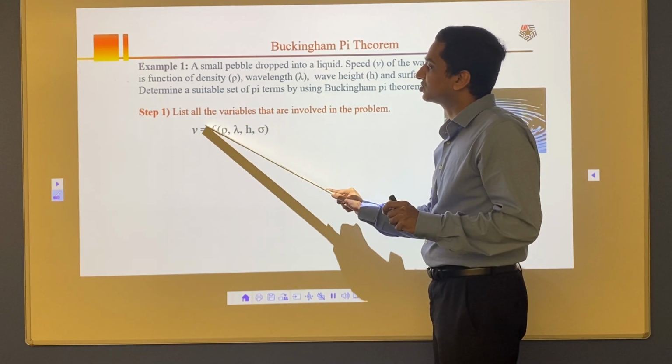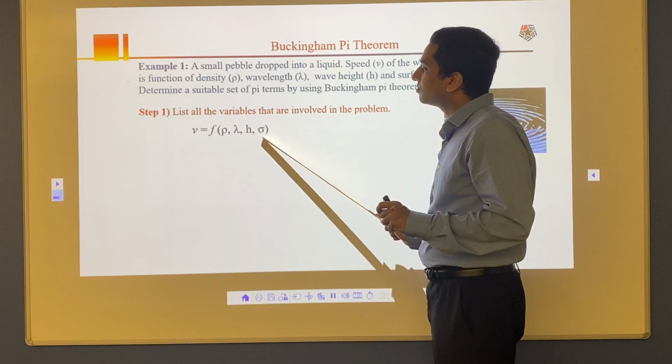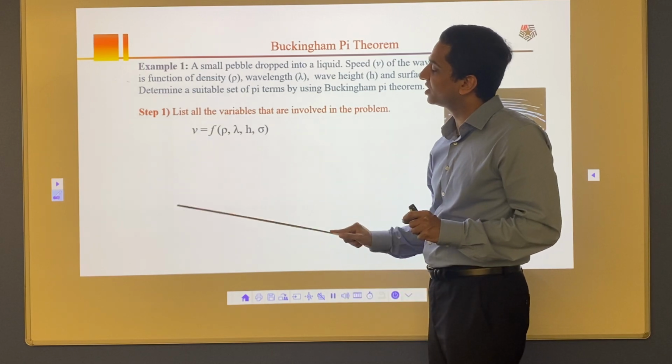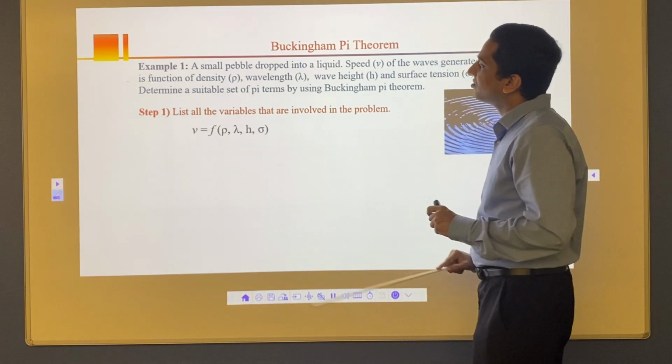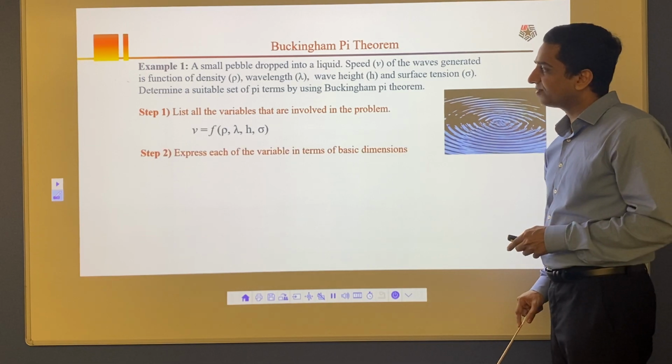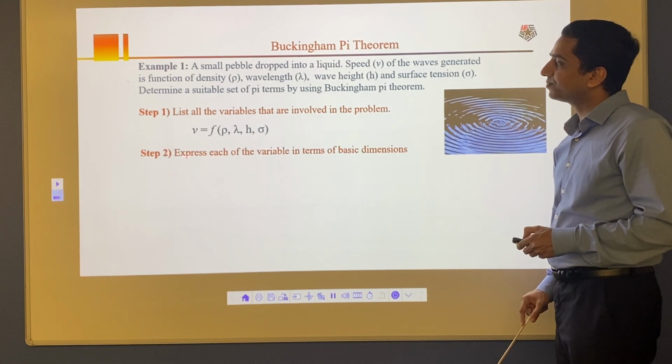This is a function, this is not a variable. So 1 dependent variable, 4 independent variables, and that's all your 5 variables. So list all the variables. It's very simple. Once you list it, then you go to step 2.